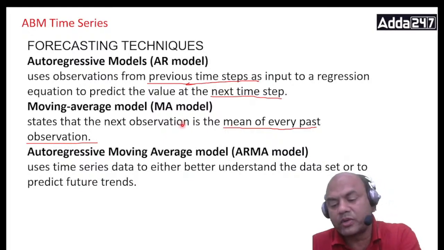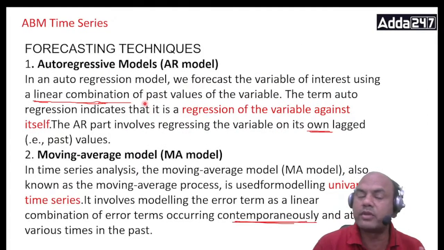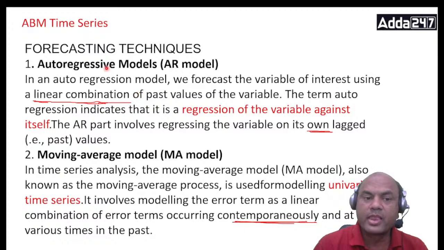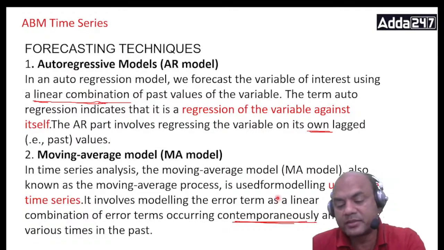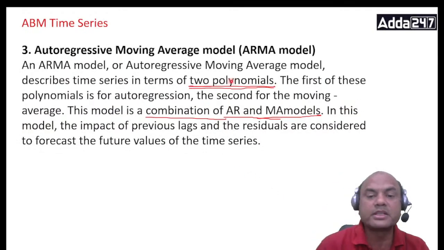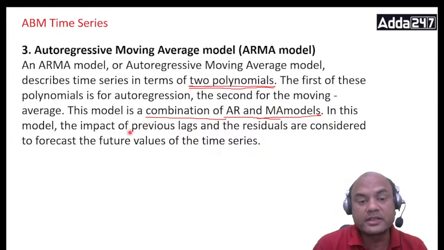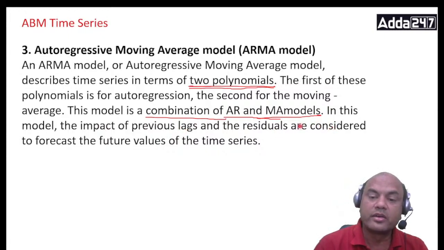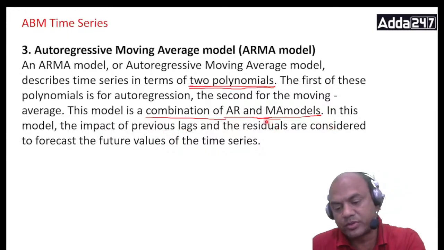So importantly, these earlier two slides are very important from your exam point of view. AR is linear and own lagged. Moving average is univariate and contemporaneously. Then ARMA model is combination of these two. Okay. And this line is important. Impact of previous lags and residuals are considered. Okay, previous lags and residuals both.